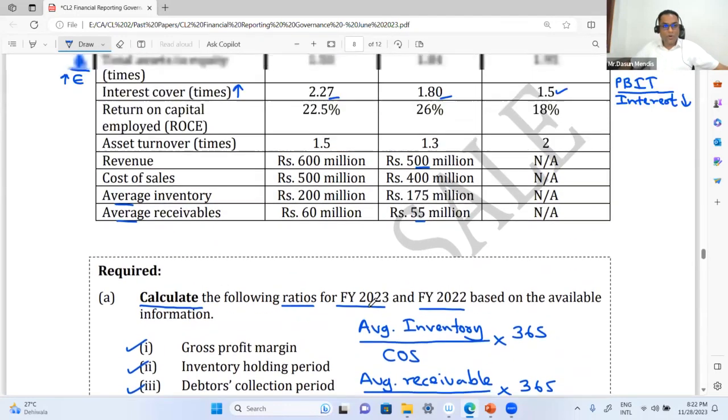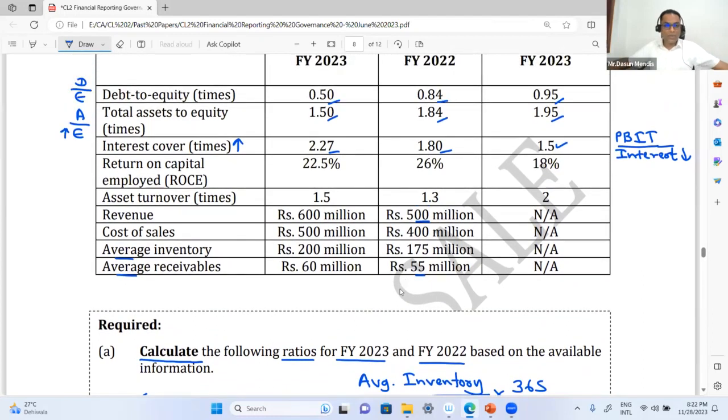Now if you look at the ROCE, you have been given the ROCE. Last year it was return on capital at 26%. That is 2022. It has come down to 22.5% in year 2023. So there's a reduction in the ROCE. But still, ROCE is greater than the industry average. So one thing you can say is ROCE has come down, but still it's better than the industry, right?